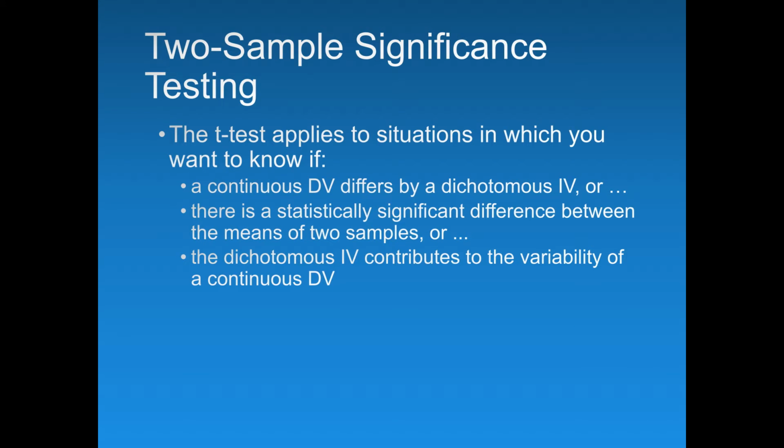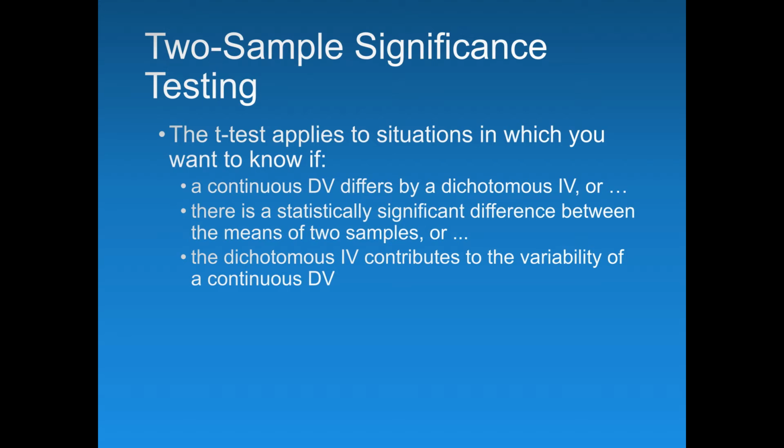Ooh, fancy, exciting. So this t-test, the two sample t-test, applies if you know you have a continuous dependent variable, or DV, and it differs by a dichotomous, or two-categoried IV. Or if there's a statistically significant difference between the means of two samples, or if the dichotomous independent variable contributes to the variability of the continuous DV.